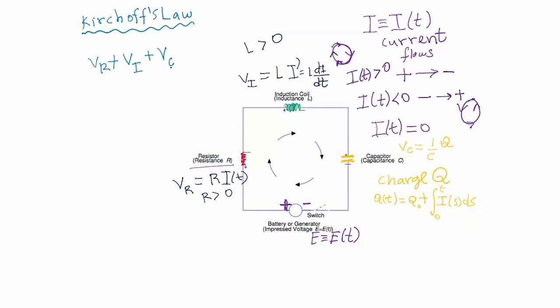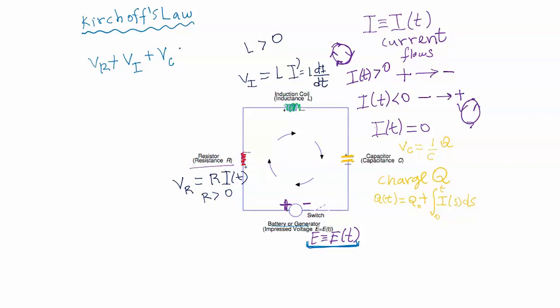is going to be equal to... So the idea of this being a closed circuit, with some flow of current, is that this battery or generator is injecting this voltage, and there is a sense of this flowing across the system.